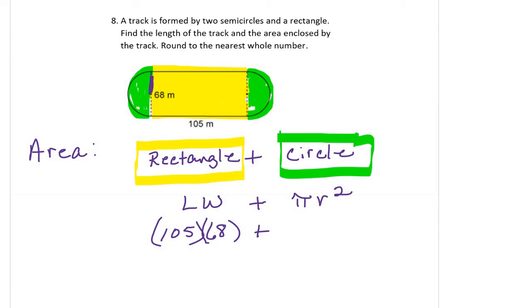So it's half of 68, so my radius is 34. Now, occasionally you may see a picture with the radius drawn in like this, so you need to be sure that if you're given the radius, you can find the diameter and vice versa. So we put this into our calculator and we get 10,772 square meters.